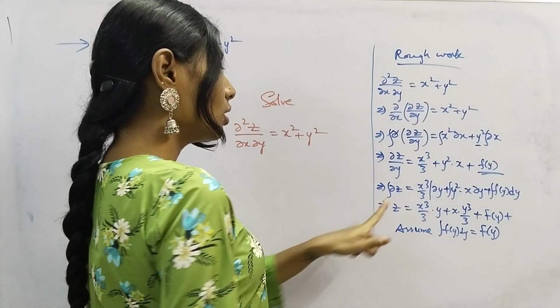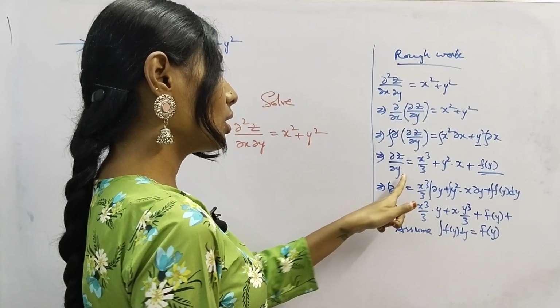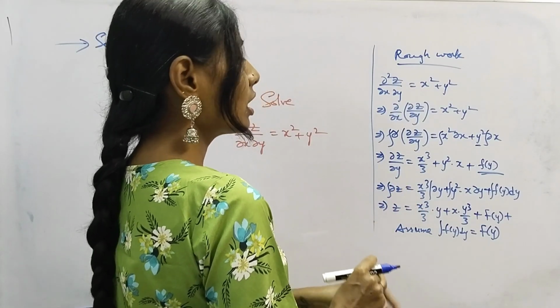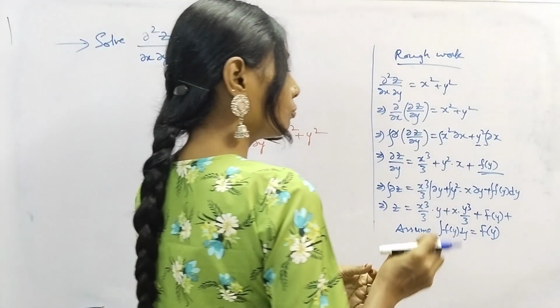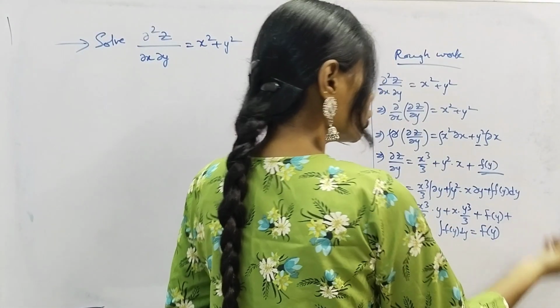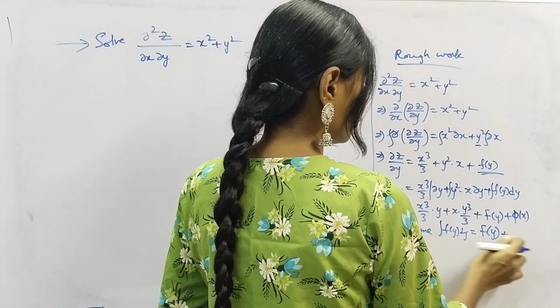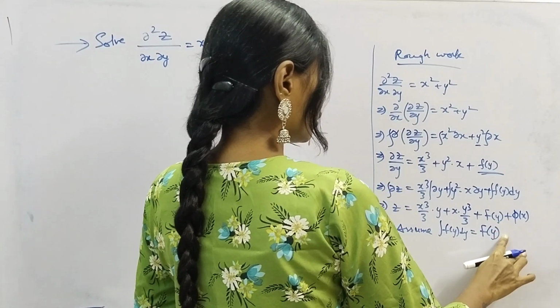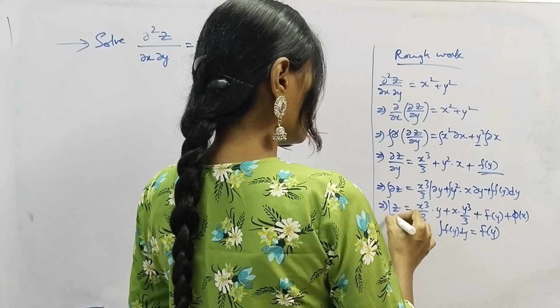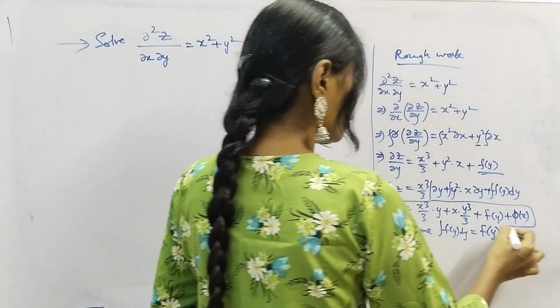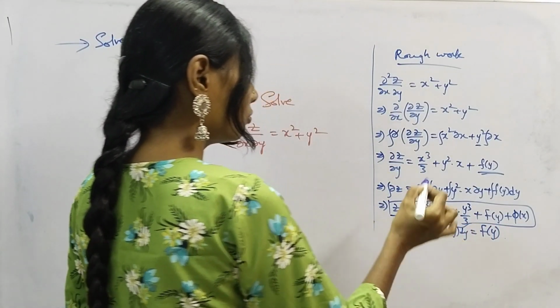Here we are integrating with respect to y, treating x as constant, so you'll get a constant of integration in terms of a function of x, let it be g(x), φ(x), or whatever. I'll take φ(x). So this will be the solution to the problem. This is rough work.